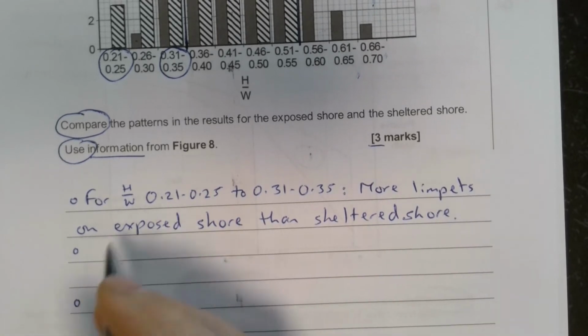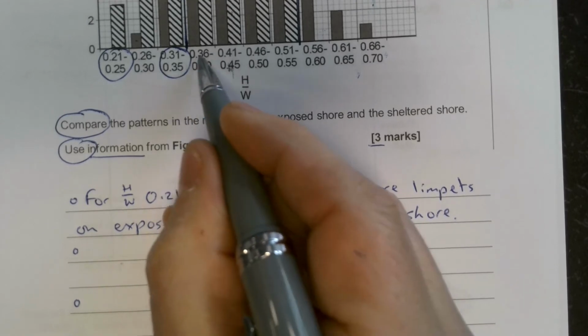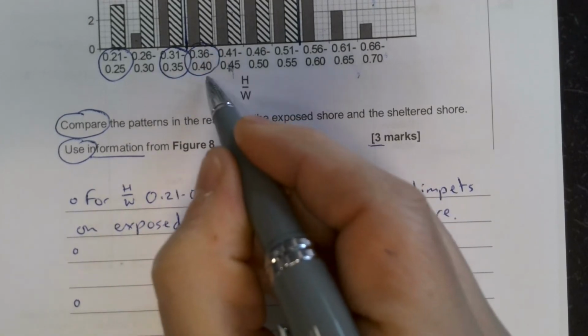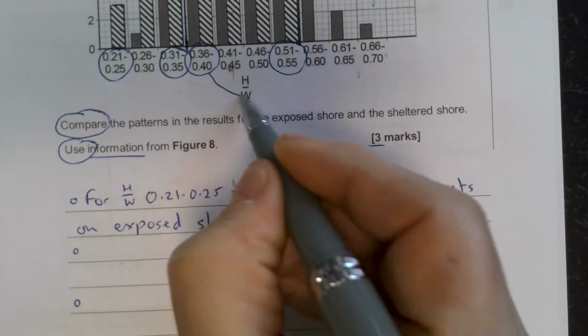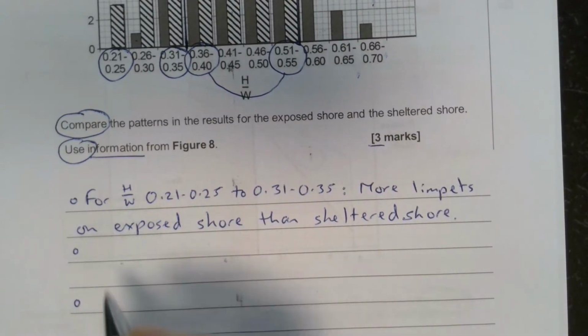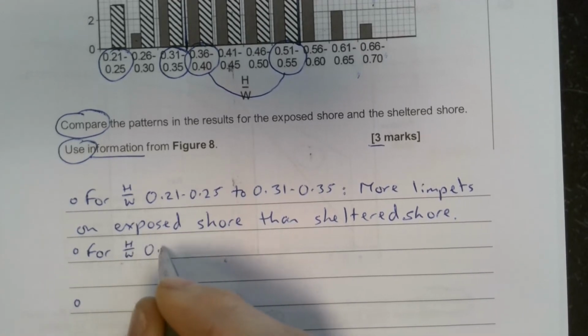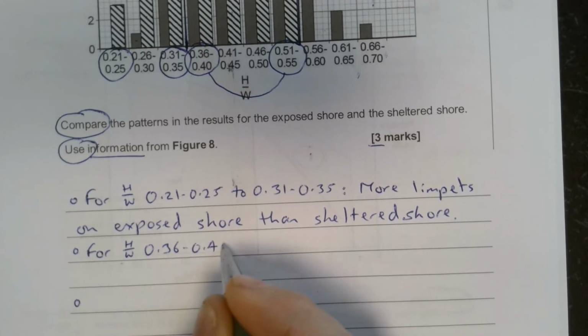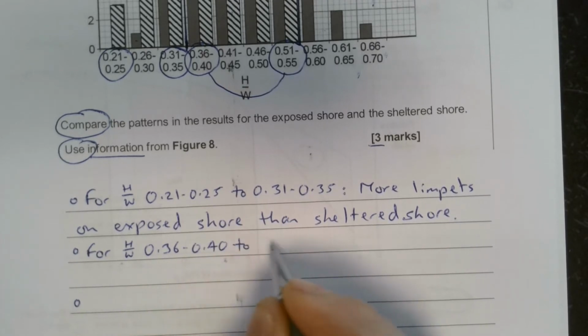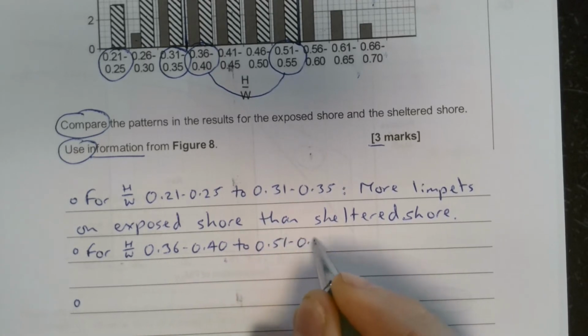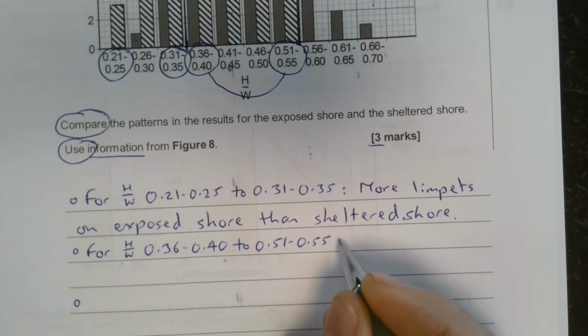Okay, next I'm going to look at region 2, which is from here to here. So I'm going to repeat the way I've written the answer out before. So for H over W, 0.36 to 0.40 to 0.51 to 0.55.